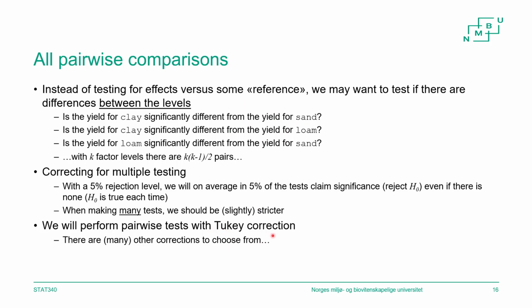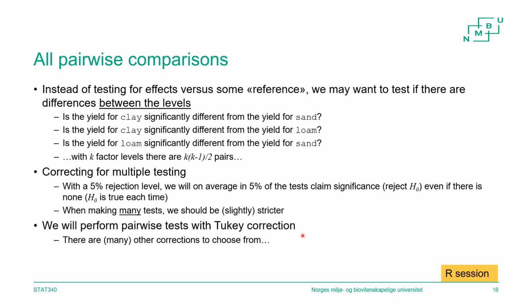I will not dig into this, simply because there are many other ways of doing this, and I don't think it's worth digging into all of them. So just accept that the p-values you now get are corrected, in the sense that you can still reject at the 5% level, but it's harder to get small p-values with this Tukey correction.